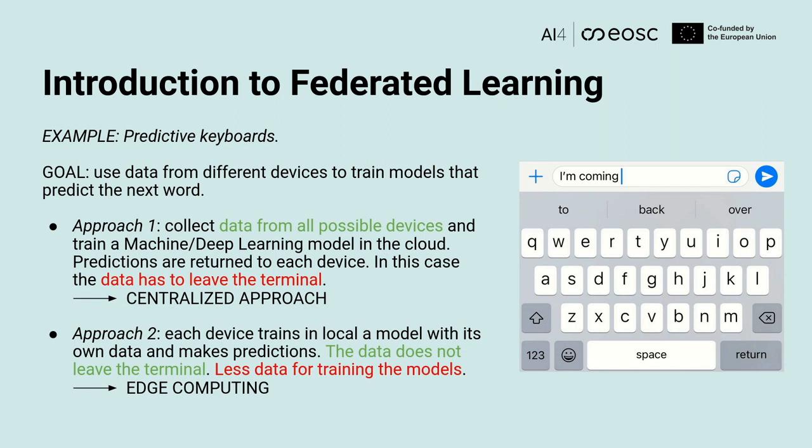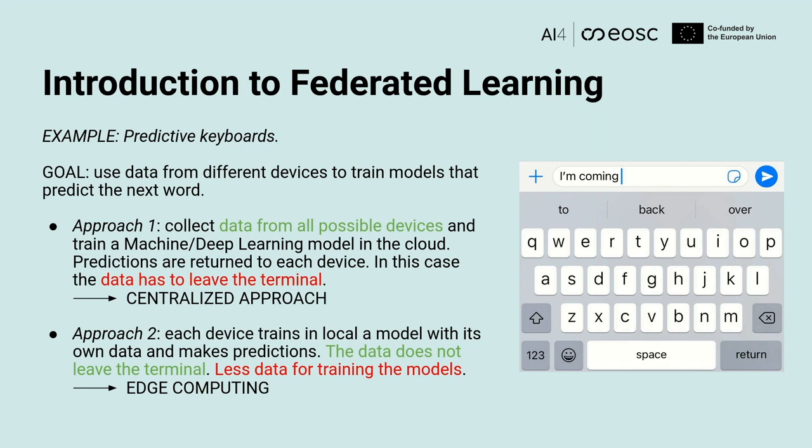So then we can think about a kind of edge computing in order to prevent this need of the data leaving the terminal that has generated them. So we can think now of this second approach, in which we will train the models locally in each device, and then perform the predictions locally.